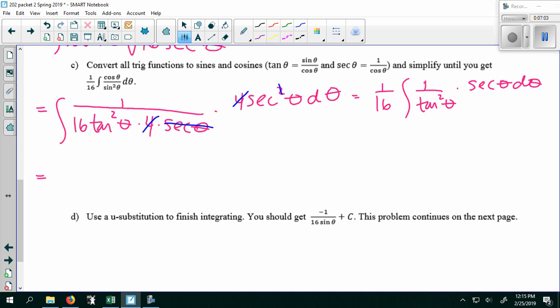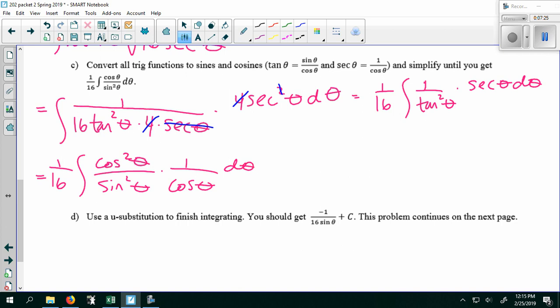Okay, so continuing. 1 over tangent squared is cosine squared over sine squared. So I have 1/16 times the integral of cosine squared theta over sine squared theta times secant, which is 1 over cosine, d theta.